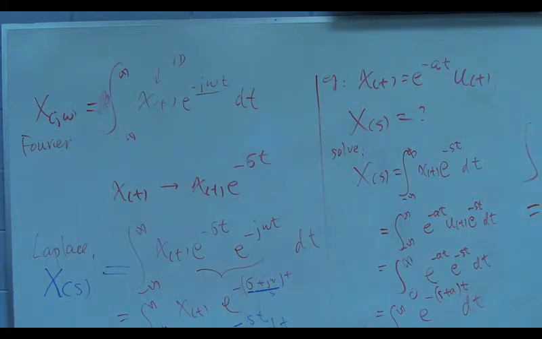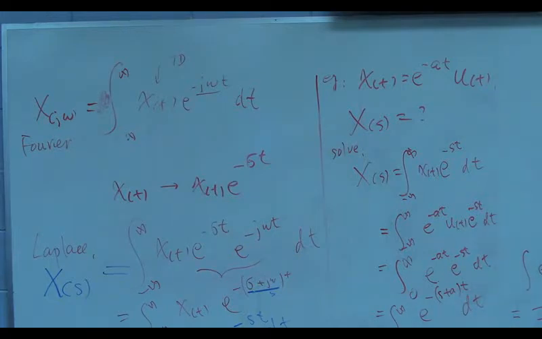Now our integral is e to the negative (s plus a) times t dt. So this means lambda is equal to negative (s plus a). So I copy this, and remove all this.